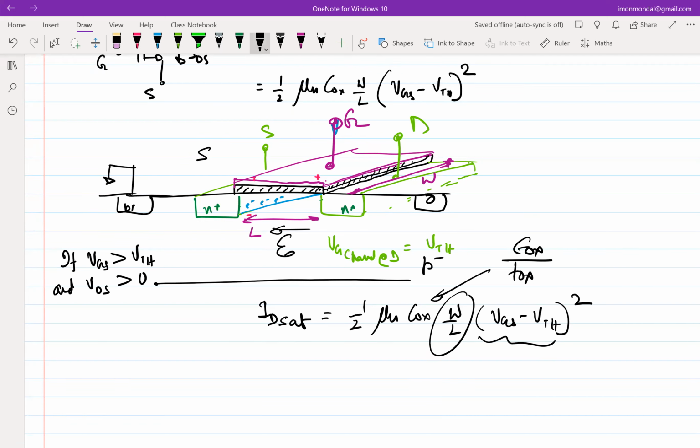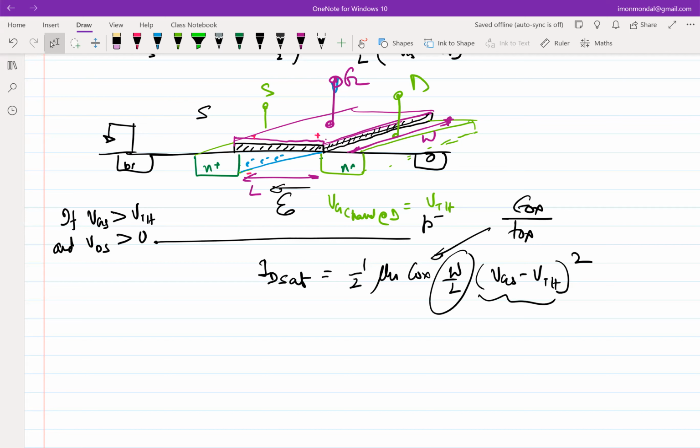Before I even talk about the caveat, let's say I decide to test the validity of this model. Let's say I fix ITsat equal to 1 milliamp, and I keep on increasing W by L. Essentially I'm saying, if I keep on making this MOSFET fatter and fatter, it becomes fatter than this page.